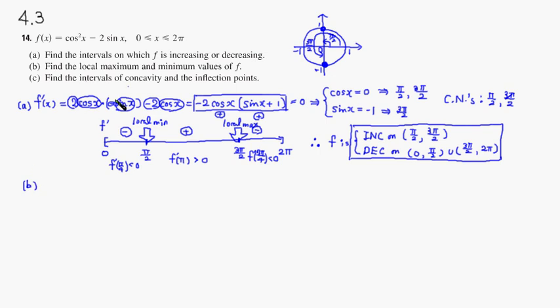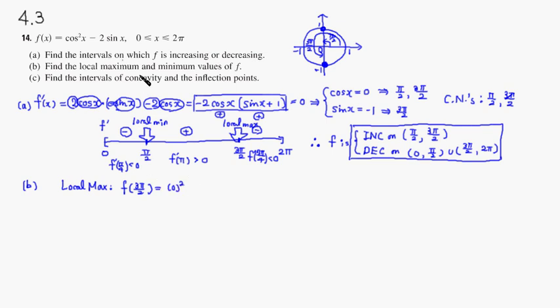The local maximum value is going to be right here at x equals 3 pi over 2. So f of 3 pi over 2. Cosine is going to be 0, so it's 0 squared.